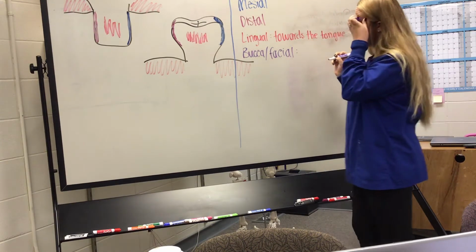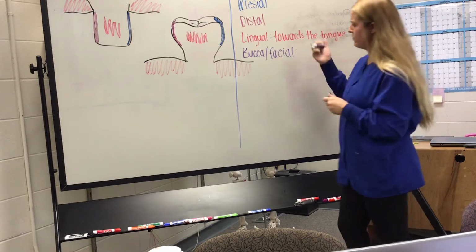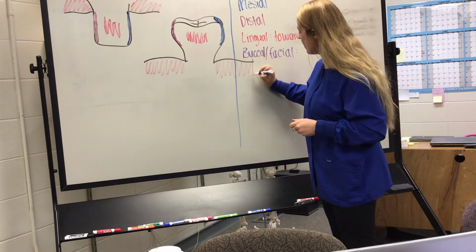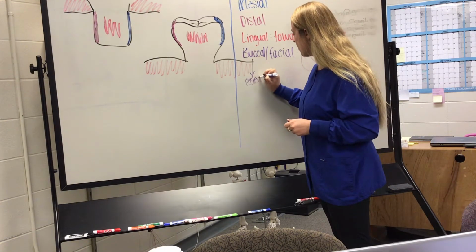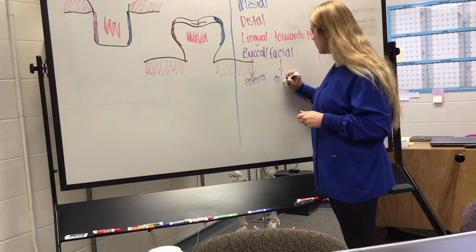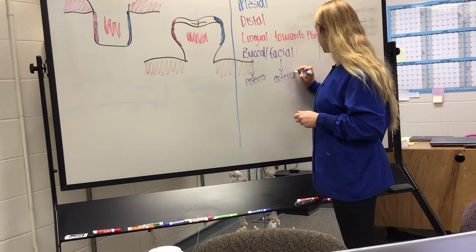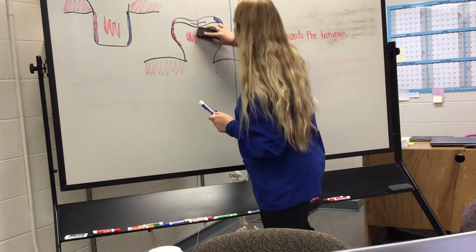So for the buccal, this is going to be your posterior teeth. And the facial is going to be your anterior. Okay, so I'm going to go ahead and erase this.